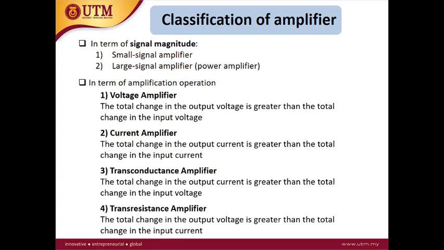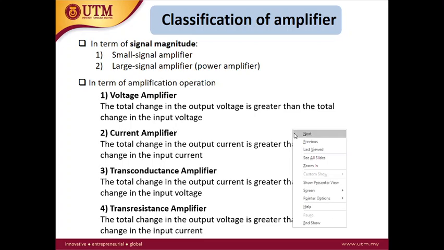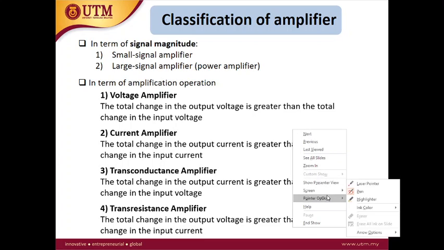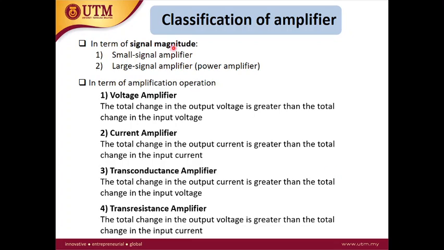Okay, so there are many ways you can classify the amplifier. In terms of the big group, the amplifier can be classified into two groups in terms of the signal magnitude. The first one is small signal amplifier, and the second one is large signal amplifier.